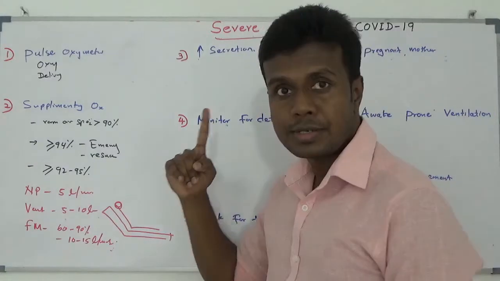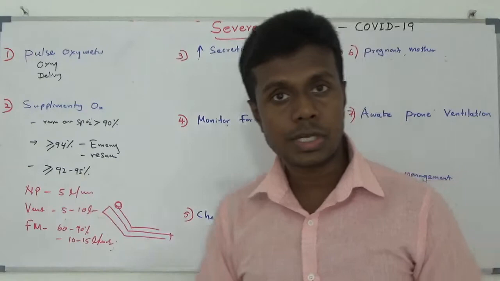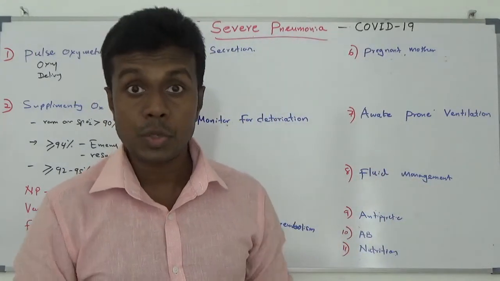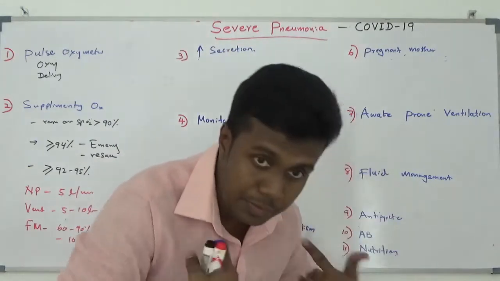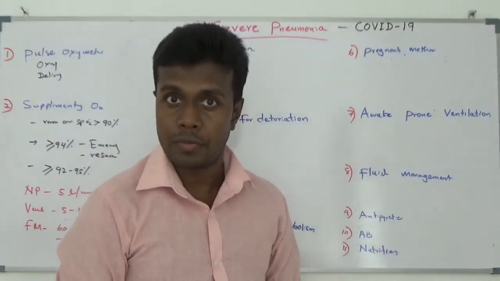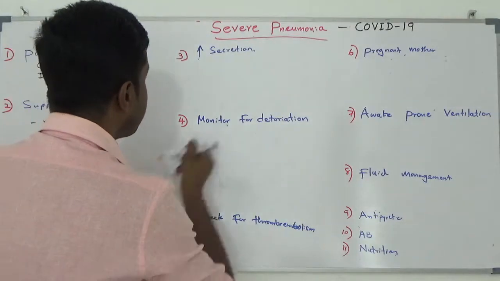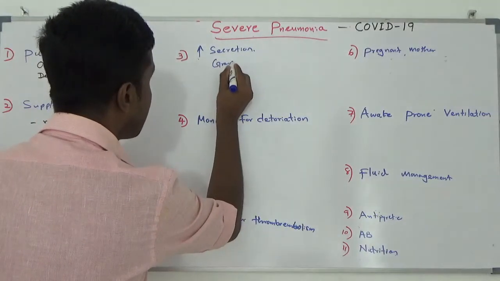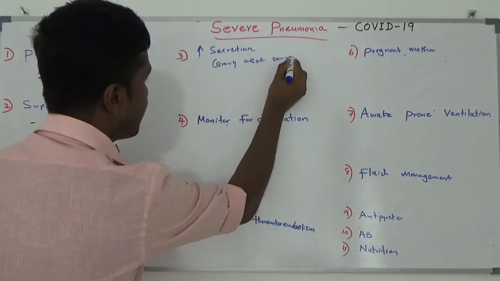Number 3. If your patient has a higher amount of secretion, try to remove it by gravity assisted drainage. When your patient coughs, ask them to bend down and cough. You can try gravity assisted secretion removal.